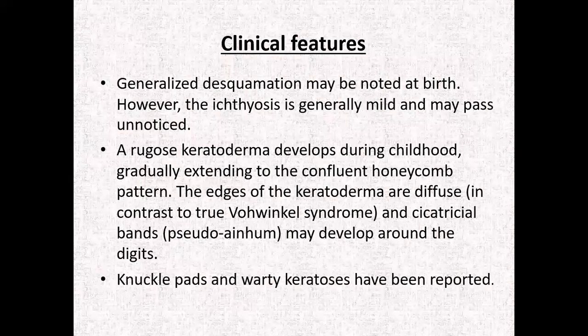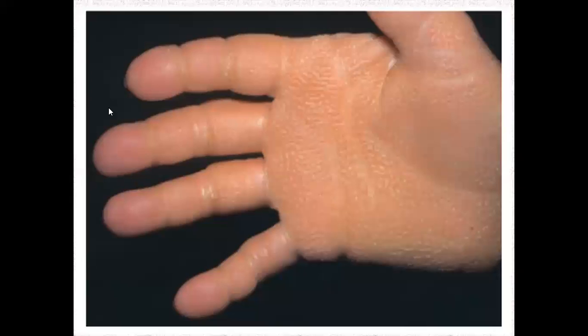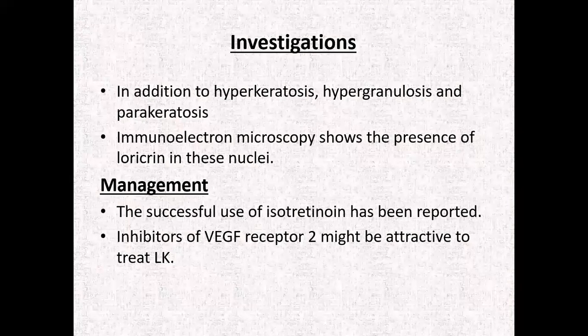The edge of keratodermas are diffuse in contrast to Vohwinkel, and cicatricial band pseudoainhum may develop around the digits. Knuckle pad and warty keratosis have been reported. So you can see this loricrin keratoderma, which is characterized by honeycomb appearance of the diffuse keratoderma.